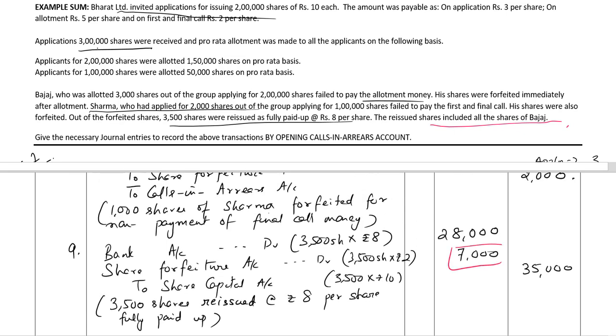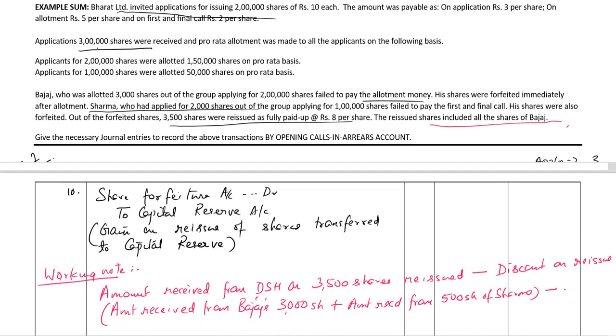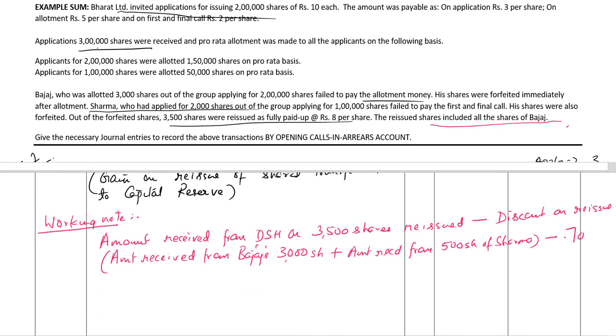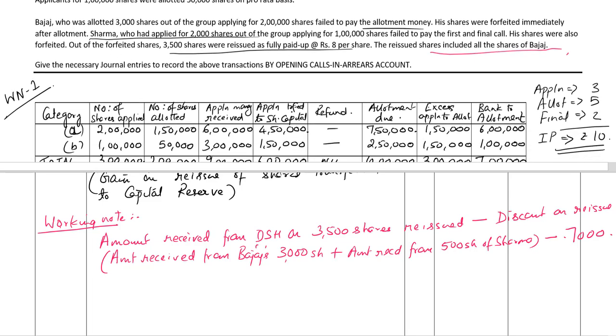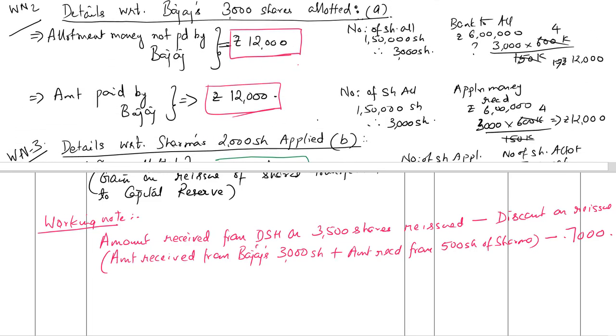It's 7,000 rupees, so we need to subtract that amount, rupees 7,000. Amount received from Bajaj's 3,000 shares, as per working note 2, is 12,000 rupees.